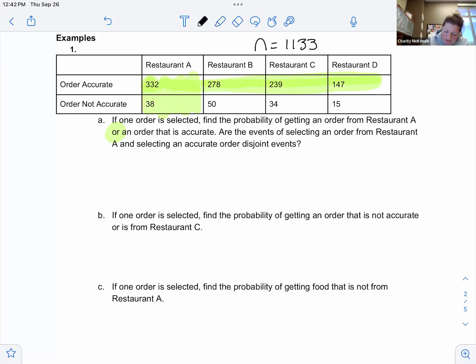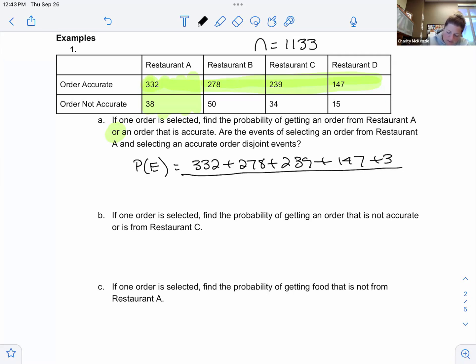So we're going to add those all up. So our probability of this event is going to be the 332, the 278, the 239, the 147, and the 38, all over 1133.